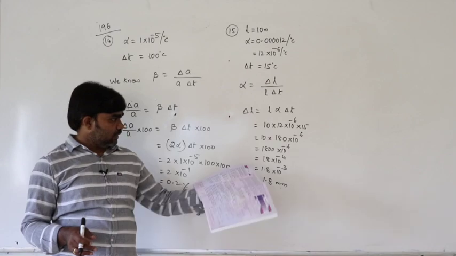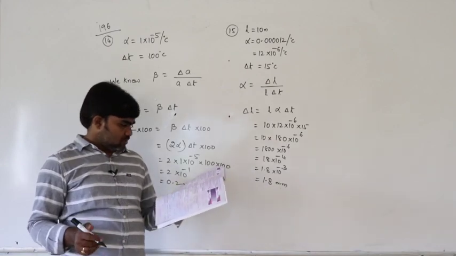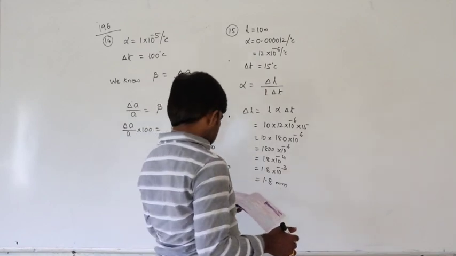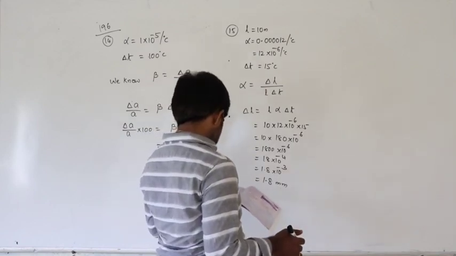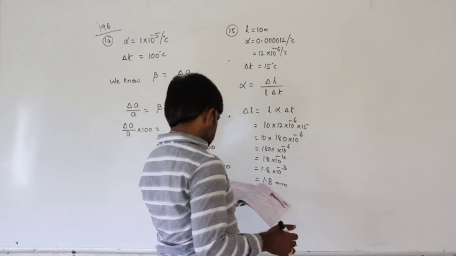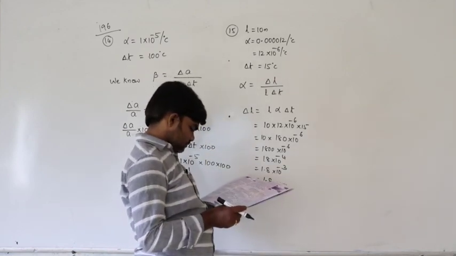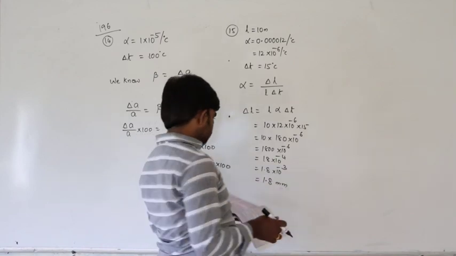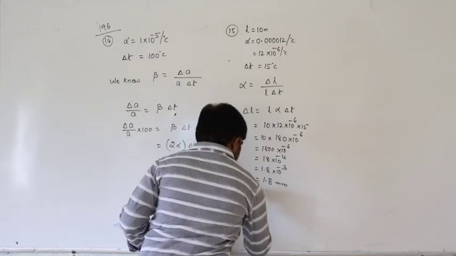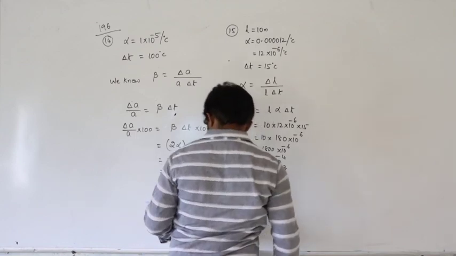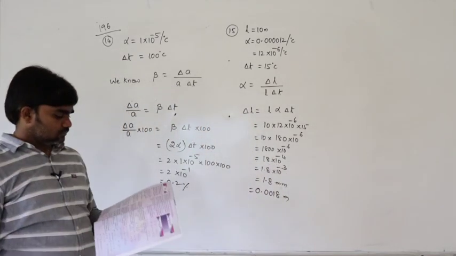Or simply 18 into 10 to the power of minus 4, so the value is 0.0018 meters. The 15th question, first option, 1.8 millimeters or 0.0018 meters, whatever it is.